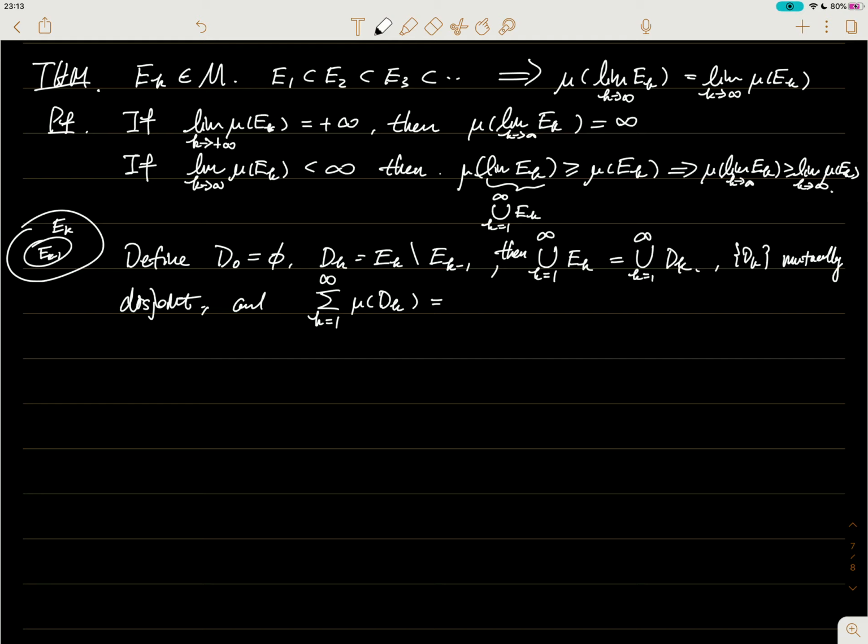So this is just equal to the measure of their union, and we said this union is just the union of Ek. Okay, and now I can see that this is also just... let me see this. In this way would be better.